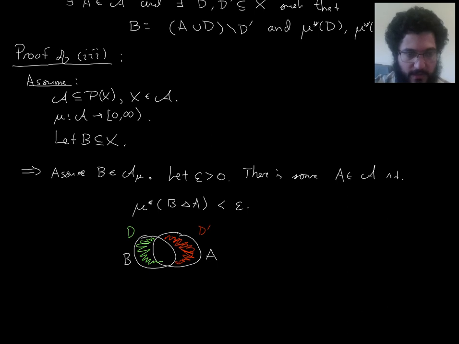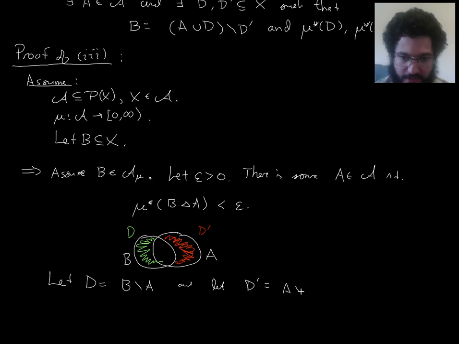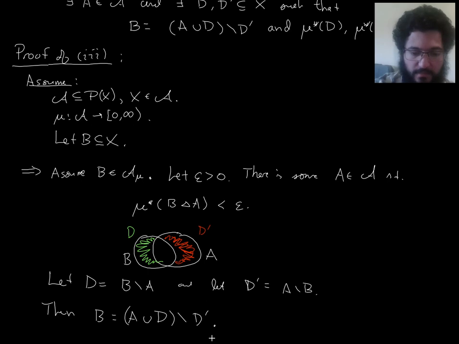So let D be B delete A, and let D prime be A delete B. Then let's see, do we really have, like the picture seems to suggest, that B is this? Then I think B is A union D delete D prime. Do we really have that?